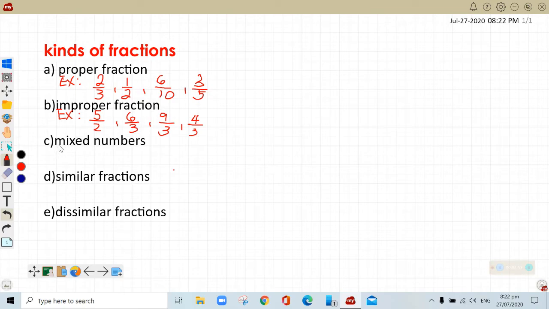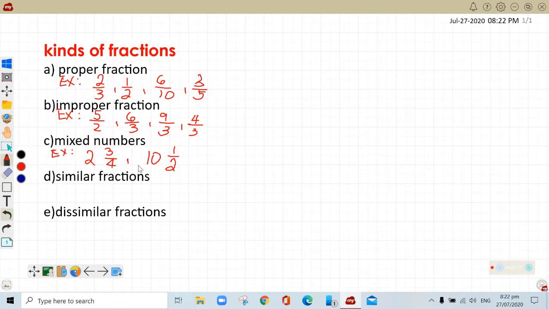Now we move on to mixed numbers. When we say mixed numbers, they are composed of a whole number and a fraction. An example of this is 2 and 3/4. As you can see here, 2 is the whole number and 3/4 is a fraction. Okay, another is 10 and 1/2.